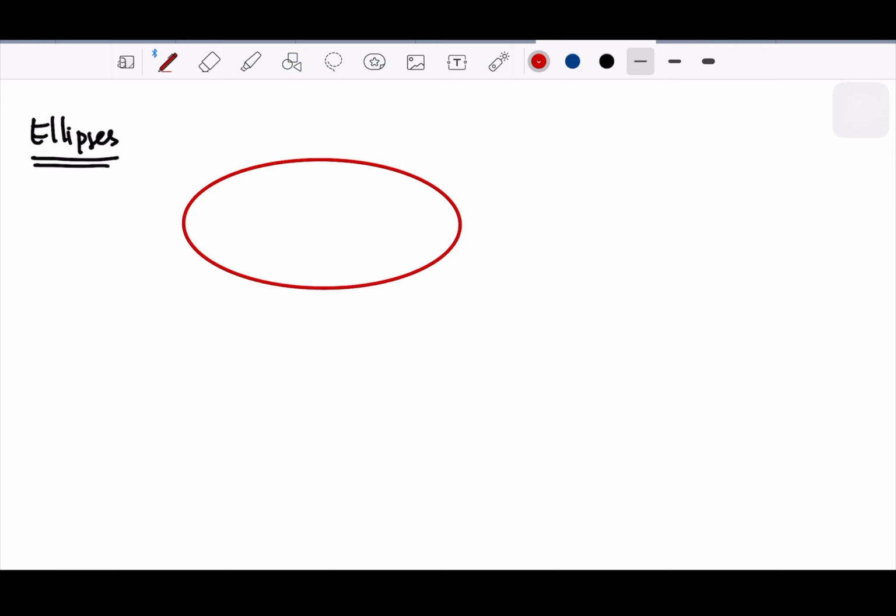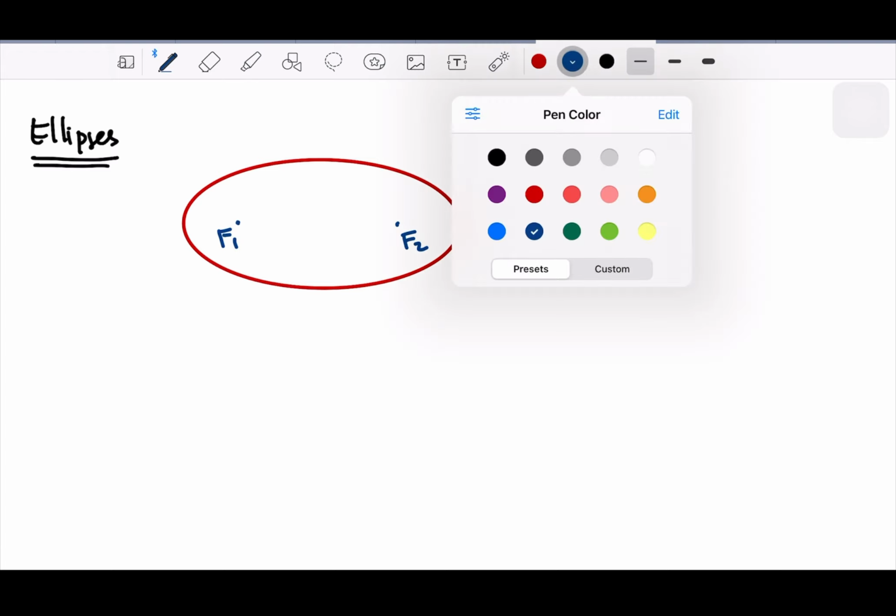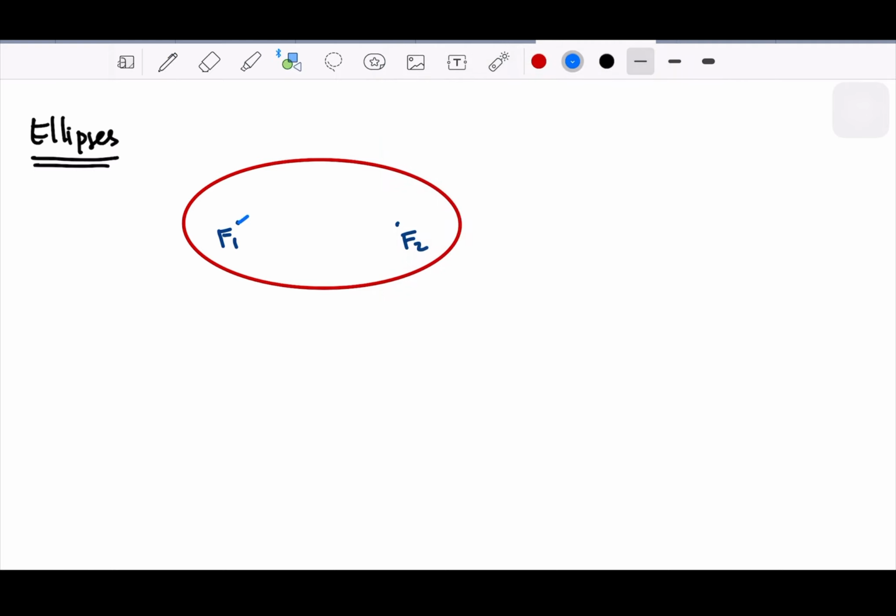Now the idea of the ellipse is that we have another focus here, F1 and F2. When they are connected to the ellipse by lines, let me draw the lines for you, from here to here, and then another one.